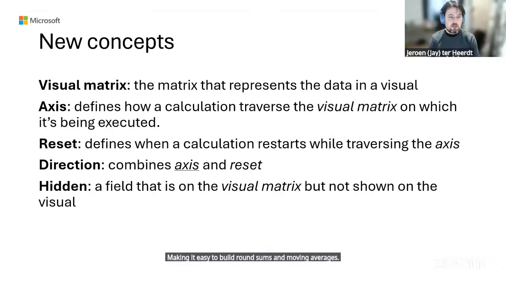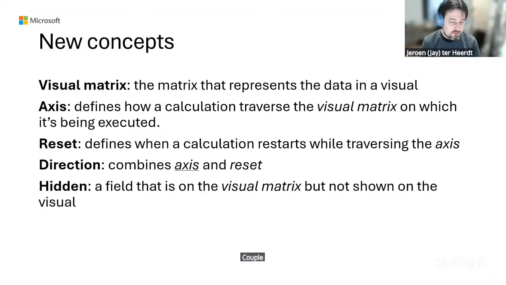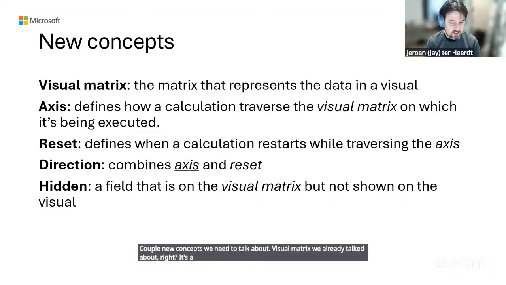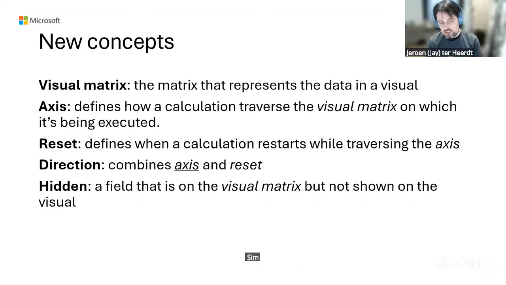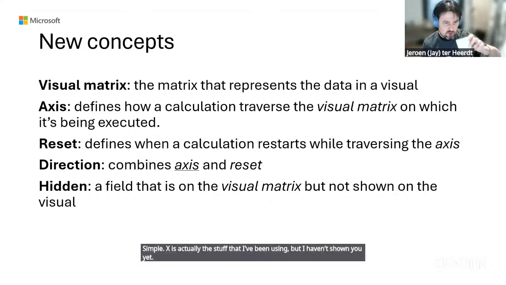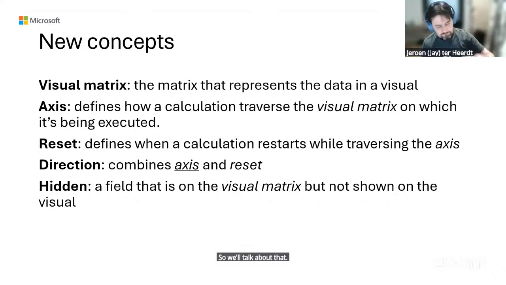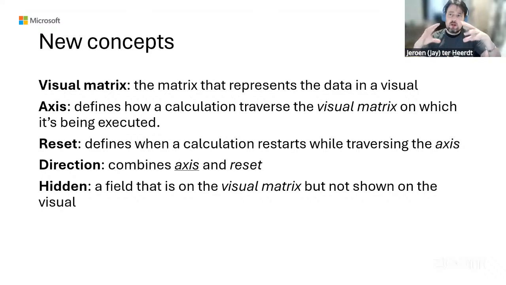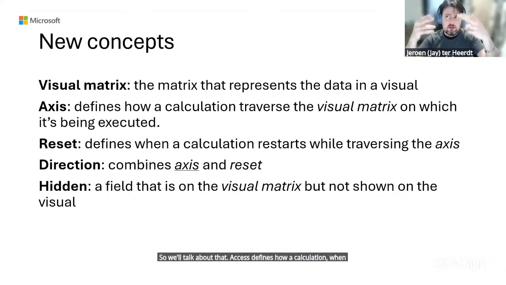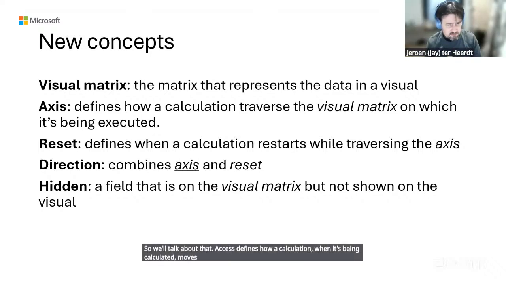Now, a couple of new concepts we need to talk about. Visual matrix, we already talked about, right? It's a matrix representation of the data in a visual. Simple. Axis is actually the stuff that I've been using, but I haven't shown you yet. So we'll talk about that. Axis defines how a calculation, when it's being calculated, moves over the visual matrix.